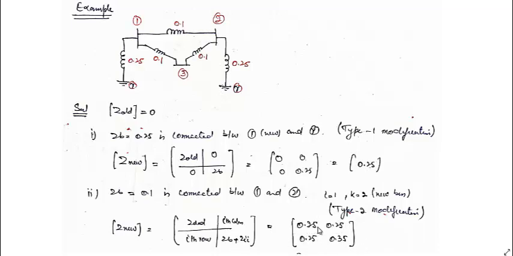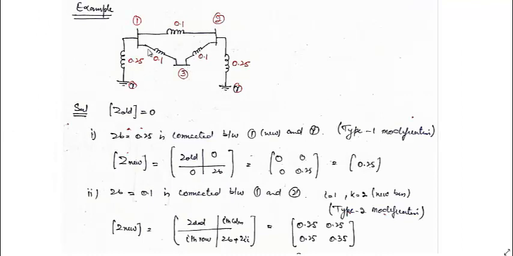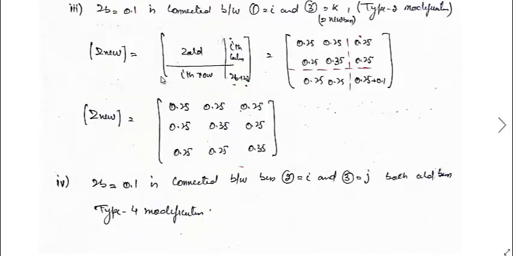So after that, ZB is equal to 0.1 connected between bus 1 and 3. Again type 2 modification, because here i is equal to 1, that is this one, 1 and 3. We'll use this branch. We could have used this one as 2 and 3, but I have used this one. Type 2 modification, Z new will be equal to Z old, ith column.